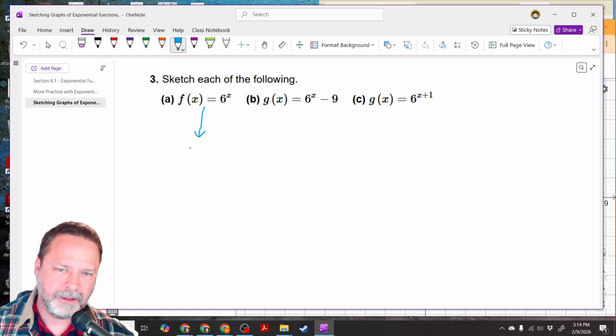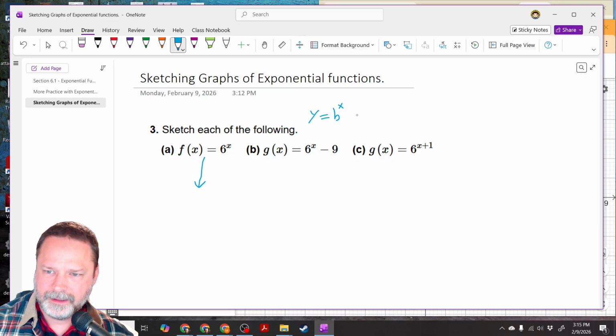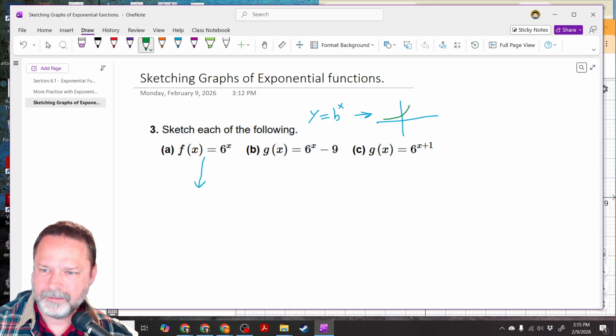So right here, they're really quick, simple sketches. So 6 to the x. We already know all of these, y equals b to the x, is going to look something like this. Or it's going to look something like this.